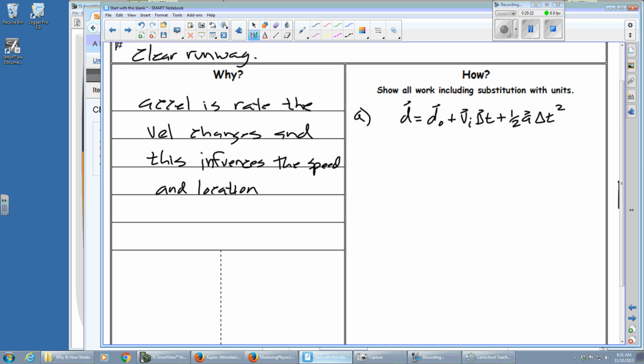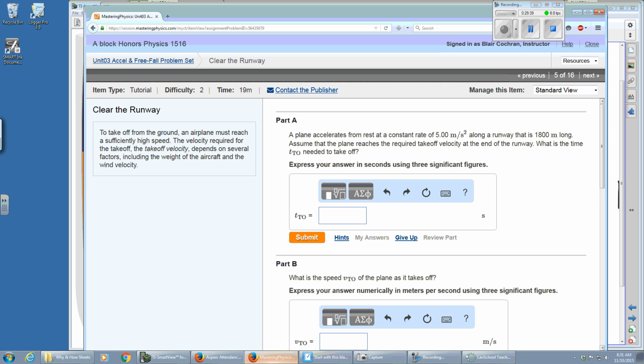You guys okay with calling down the runway positive and the beginning of the runway 0? Okay, so it's going to end up at 1,800 meters. It started at 0 meters. Its initial velocity was 0. Its time is what we're looking for.